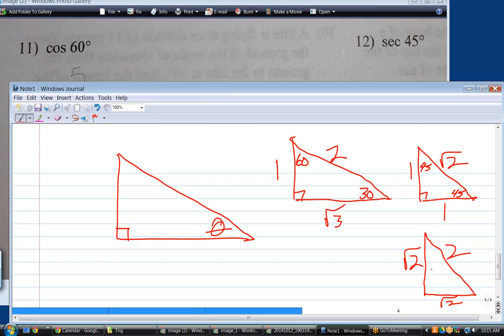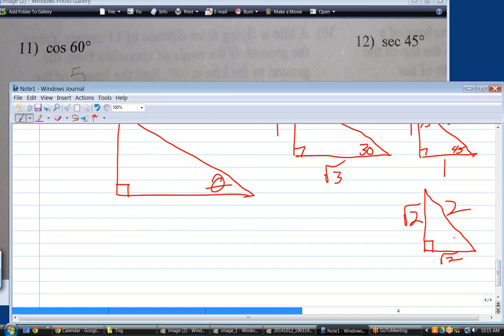Some schools prefer this way because when you do your sines and cosines, they're already rationalized. In other words, the sine of theta is root 2 over 2. You don't have to rationalize it. But if we were doing the secant, this one would give you 2 over root 2, which would have to be rationalized back to root 2.